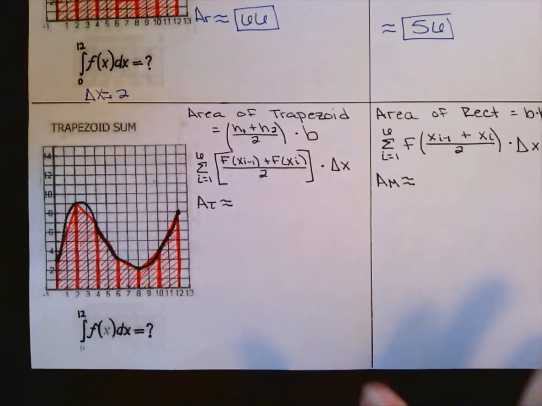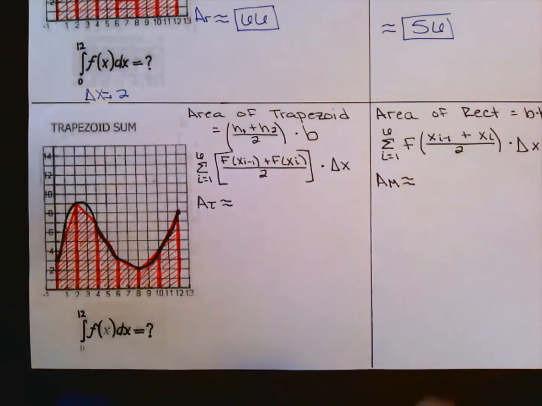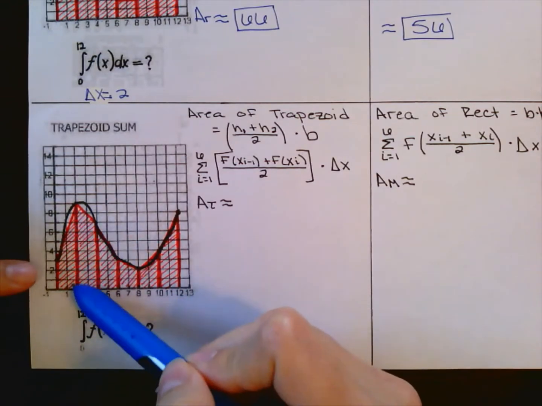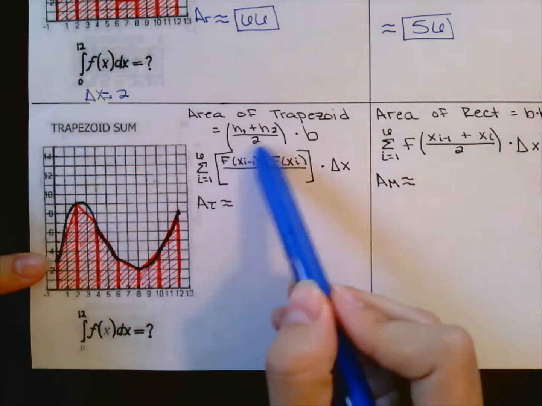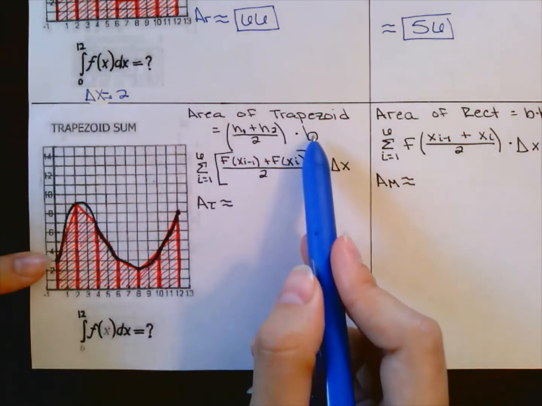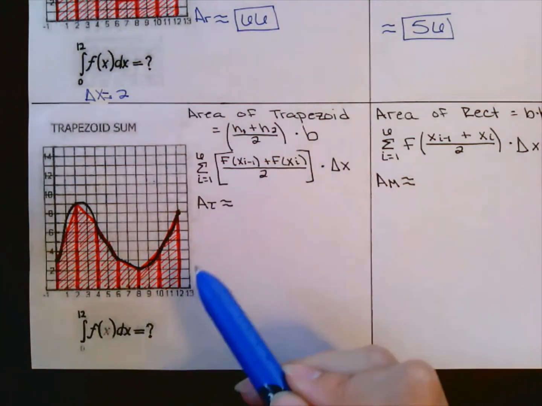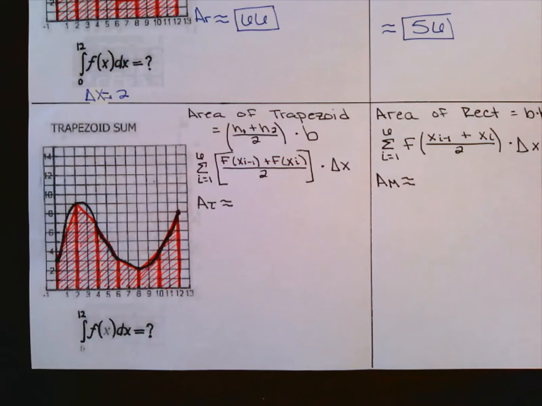For my trapezoid, okay, you need to remember the area of a trapezoid. Okay? If a trapezoid is standing up, the heights on either side are different, which means you have to take the average of the heights and then multiply it by the base. If your trapezoid were sideways, then the bases would be different, and you'd be taking the average of the base and multiplying it by the height.